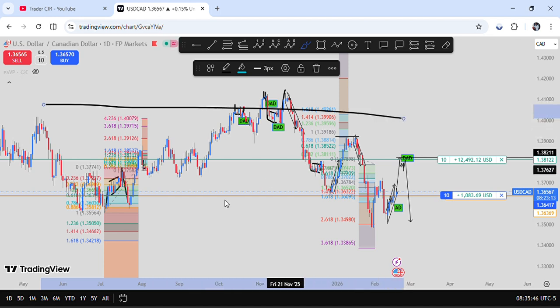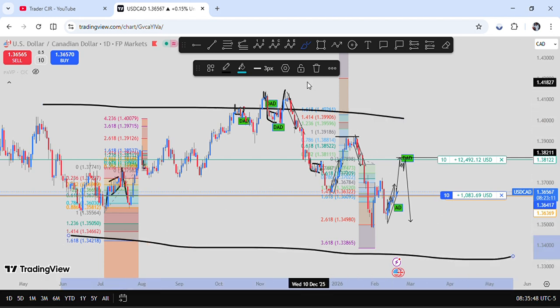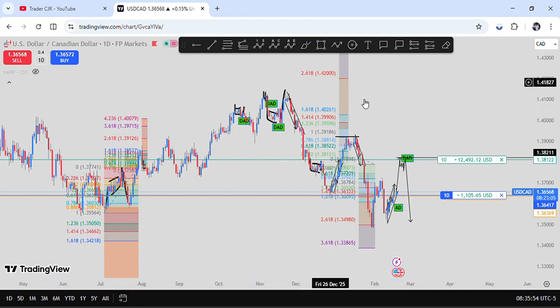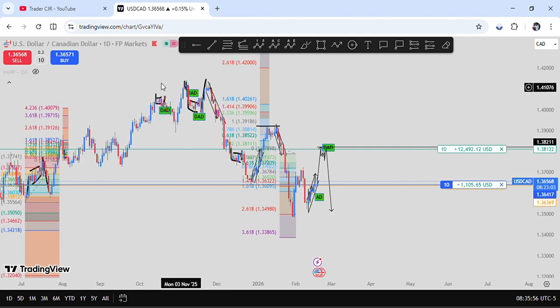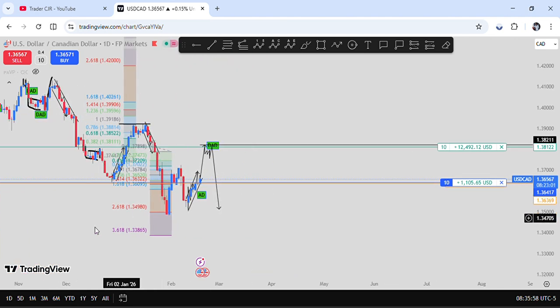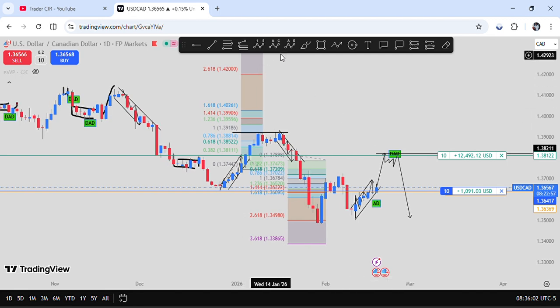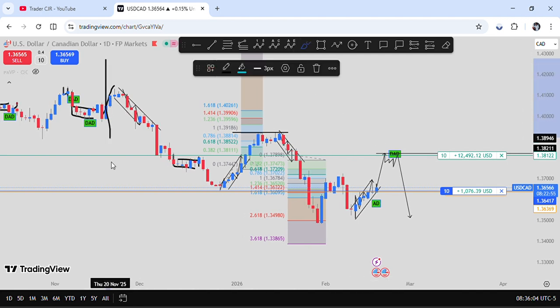As you can see, we are just ranging, and right now we are focusing on this part only. Let me zoom it. Okay, focusing on this part from this point, you can see that price has been forming lower highs and higher lows.